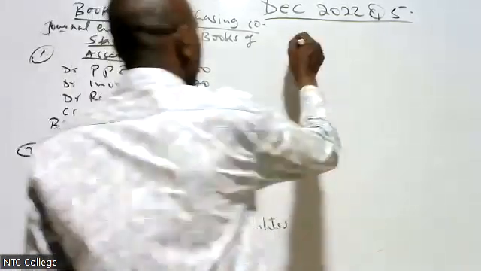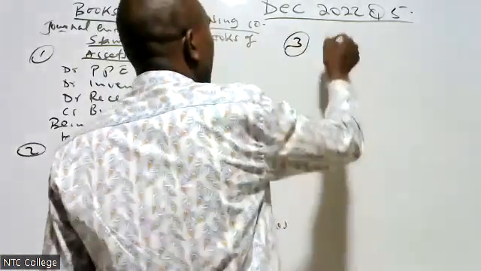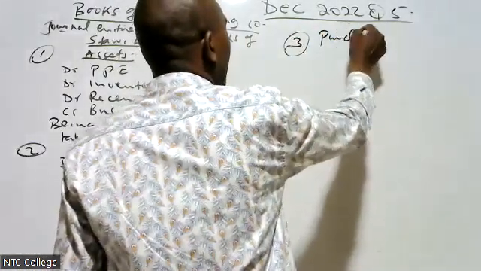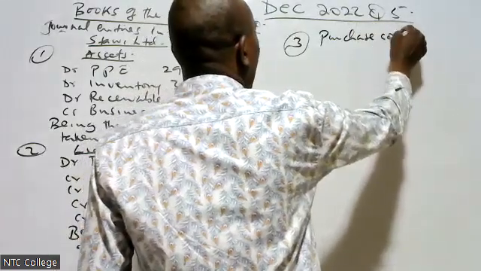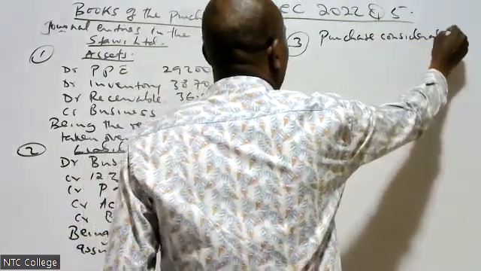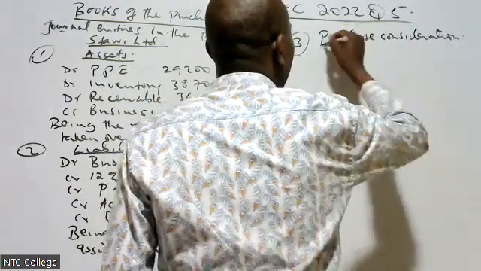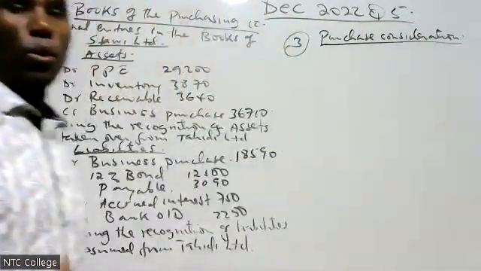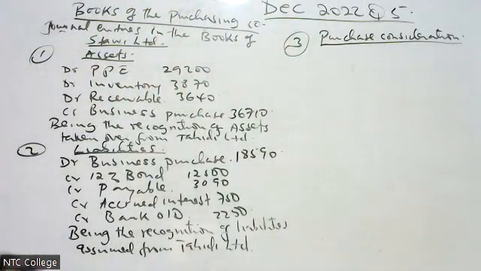Then number 3, purchase consideration. Remember, if you use our notes that we wrote, you enjoy doing this question very much. You don't struggle. But if you just want to do it in your own way, you will struggle a lot.